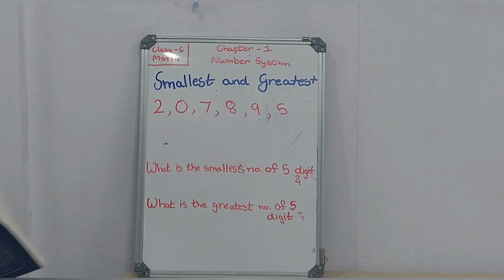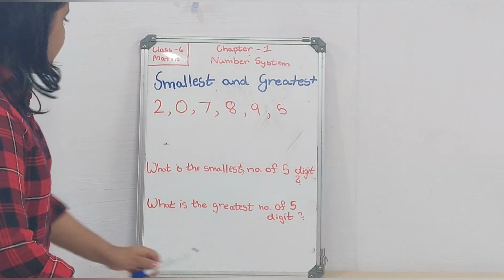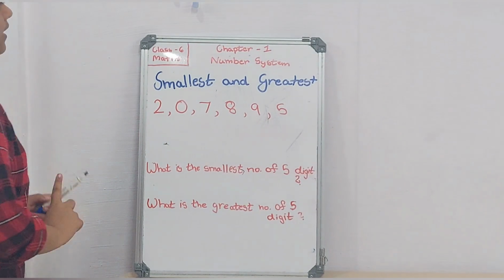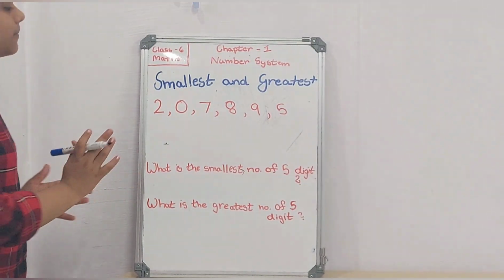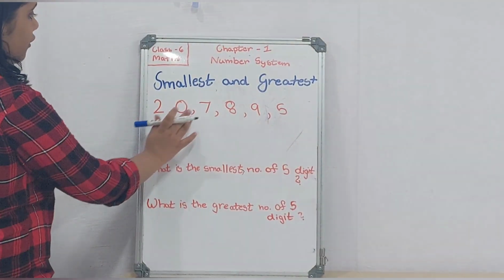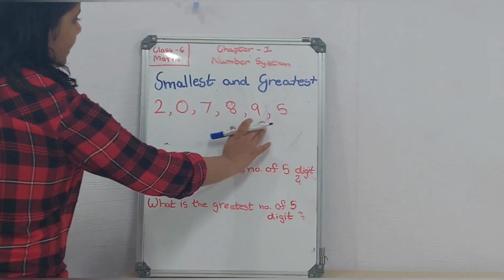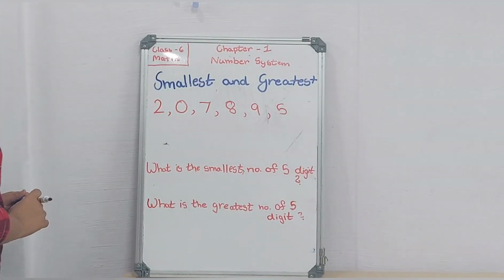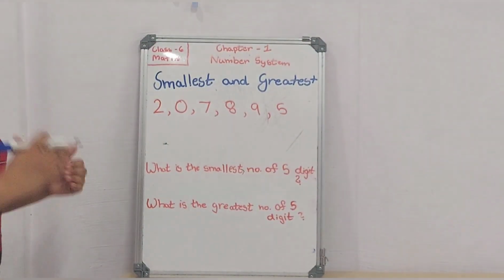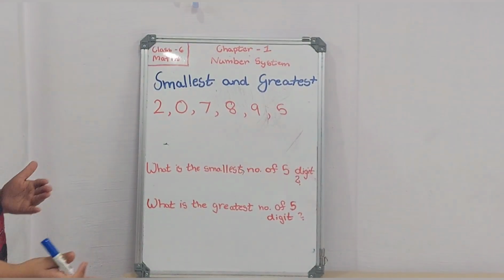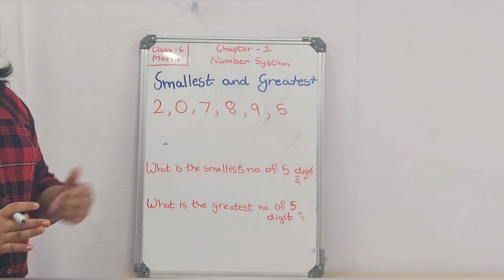Let's see one example. Here there are different digits. Here we have 2, 0, 7, 8, 9 and 5. Now we have to form the smallest and the greatest number using the digits.